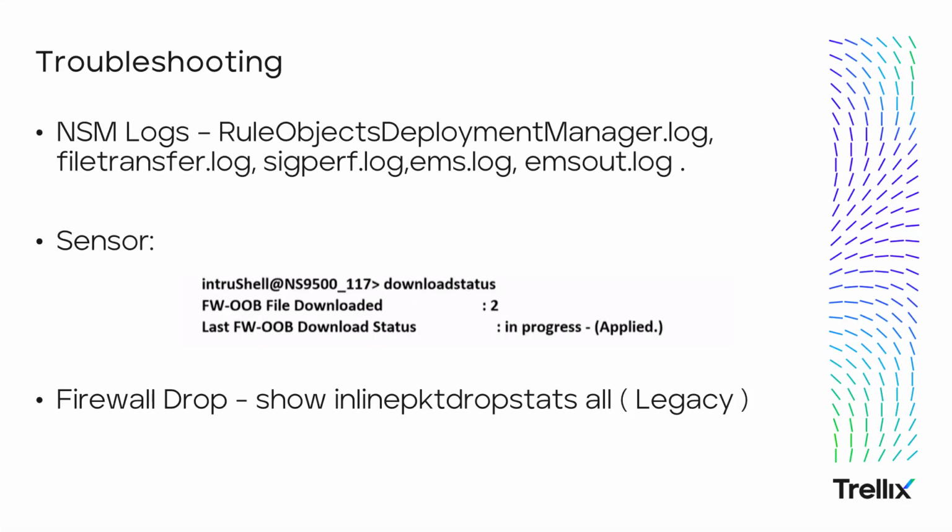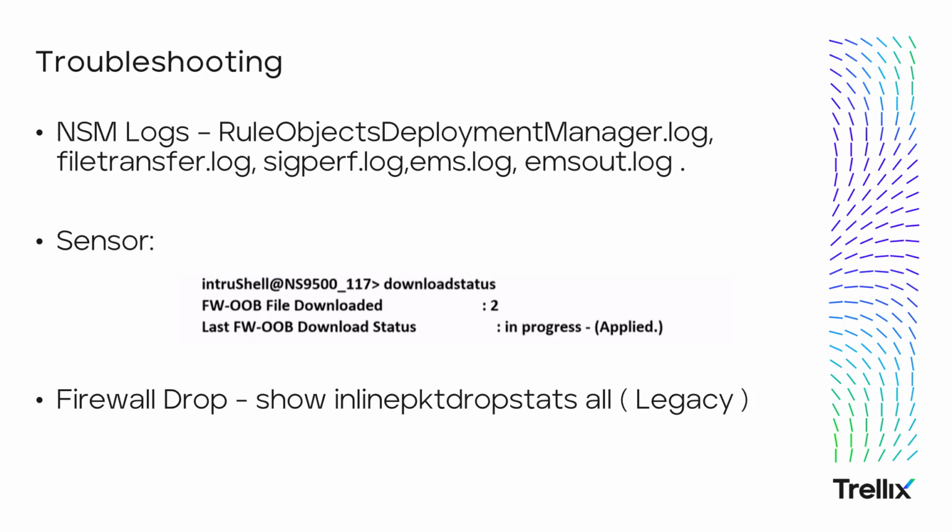As we saw just now, we can refer to the rule objects deployment manager log. The file transfer SIGPerf logs also help. And we can refer to the generic logs like EMS out in case we encounter any error or face any issues.